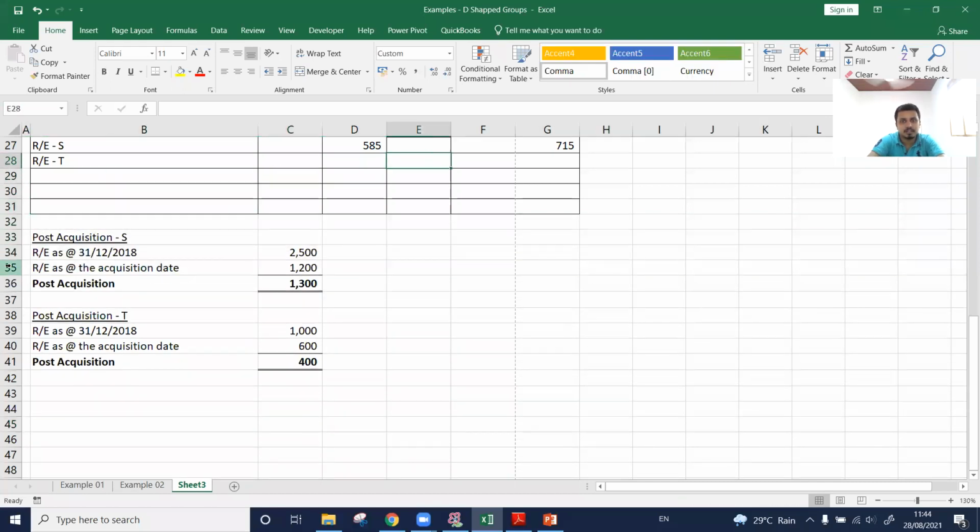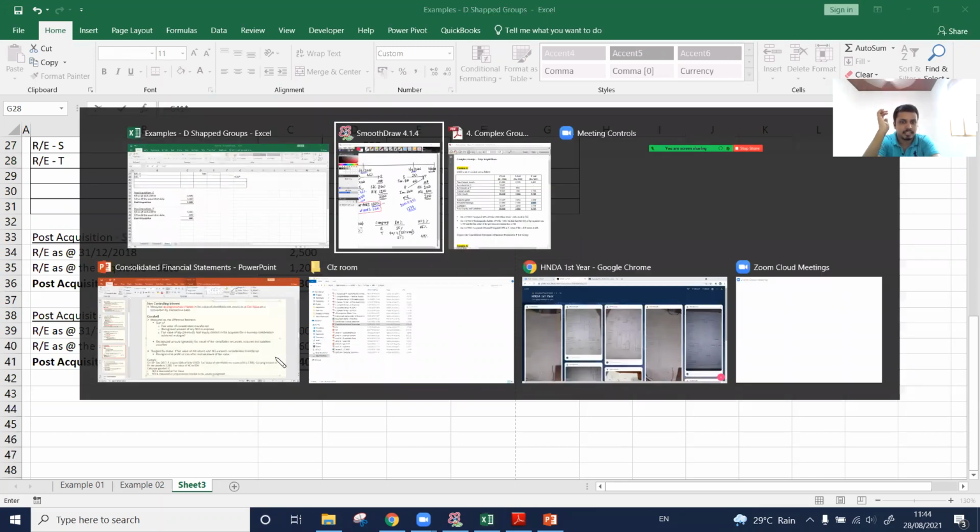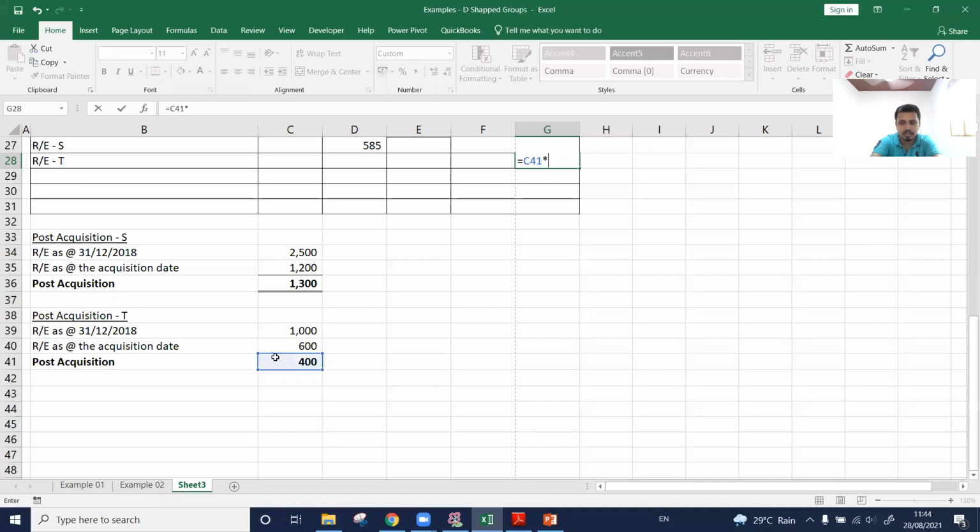Right, 400. So out of this 400, what is the effective holding percentage of T? Or what is the amount that should belong to the parent company shareholders? Here, that is 51%. Out of this, 51% should belong to the parent company shareholders.